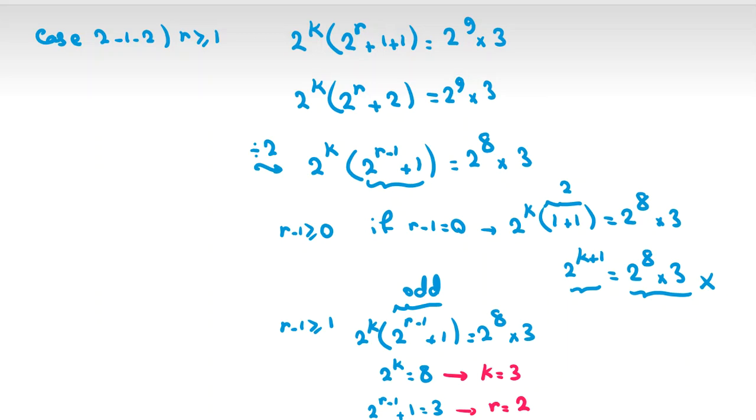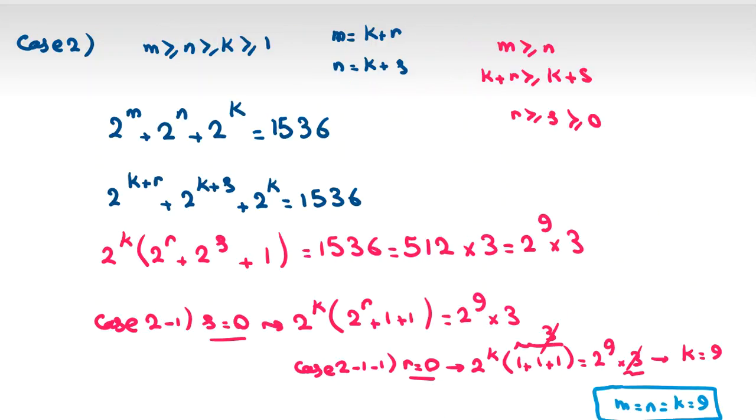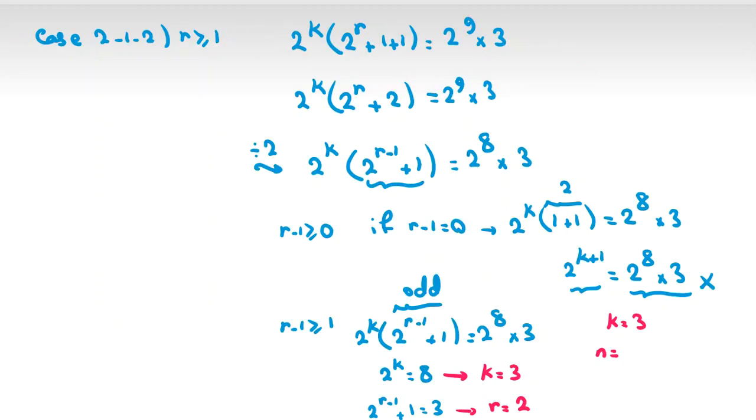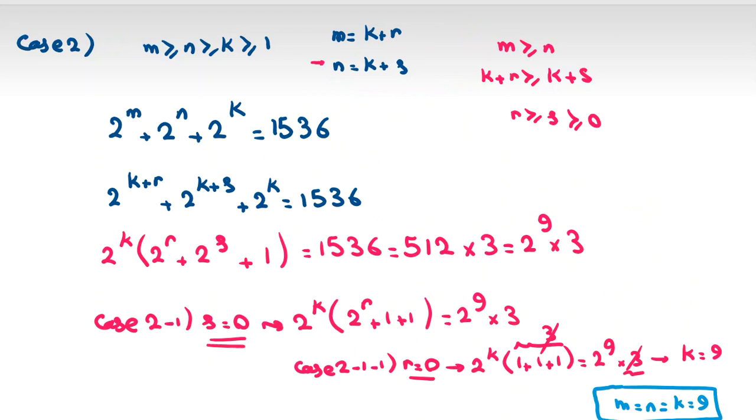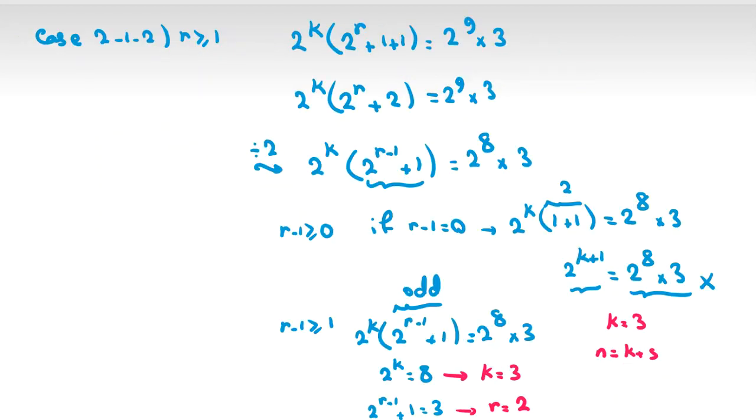Now, I want to find the other terms. N is k plus s, which s here we set equal to 0. Sorry, let me correct this. It is 2 to the 8, because here we have 2 to the 8.